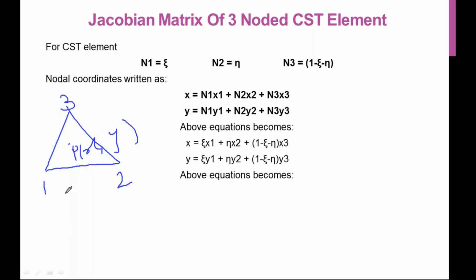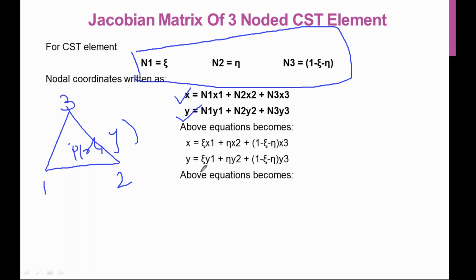These are the coordinates of nodes 1, 2, and 3. Then you can write x is equal to N1 x1 plus N2 x2 plus N3 x3, y is equal to N1 y1 plus N2 y2 plus N3 y3. But we already know that N1 is equal to zeta, N2 is equal to eta, and N3 is equal to 1 minus zeta minus eta.